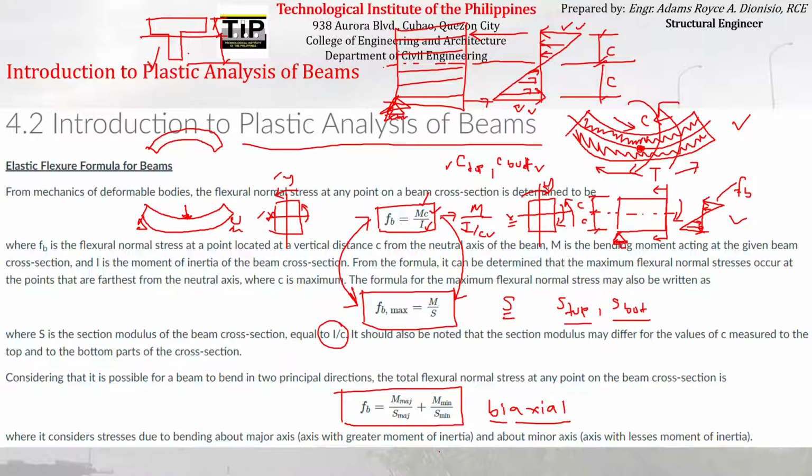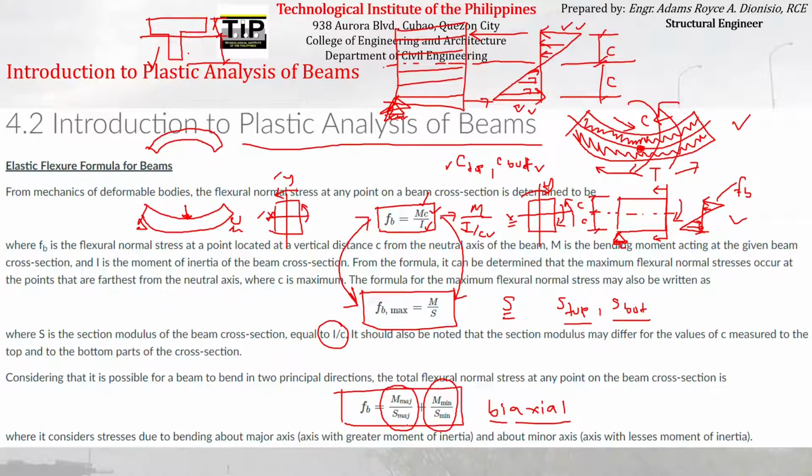So kung gusto mong kunin yung biaxial bending stress, all you need to do is sum up the stress about the major axis or the x-axis and the bending stress due to the bending about the y-axis or the minor axis. Okay, MC/I plus MC/I lang din.